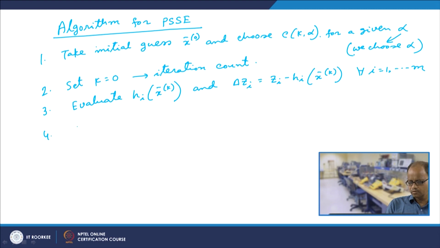Then we evaluate H at x k. Now, what is H at x k? This is the Jacobian matrix.